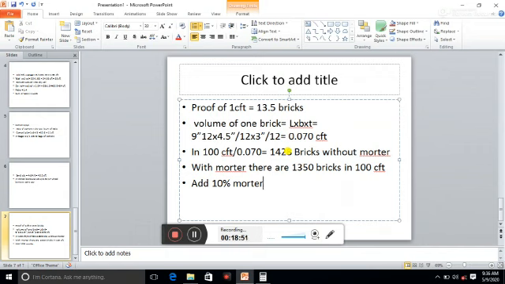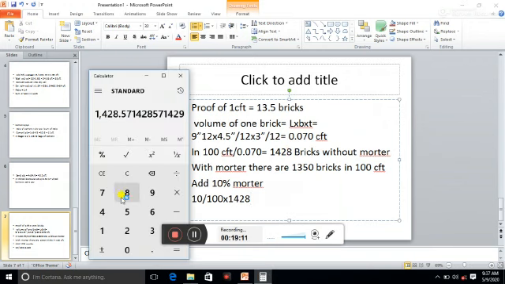For that we will add 10% mortar. So 10 divided by 100 into 1428.